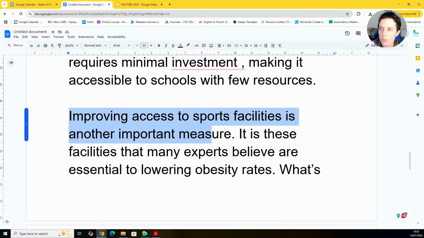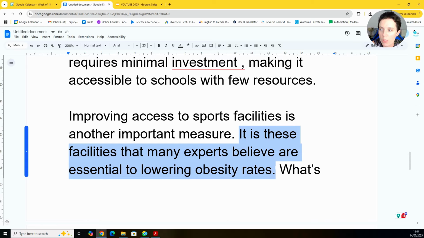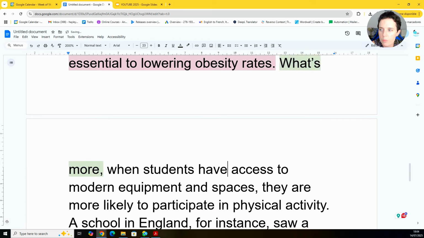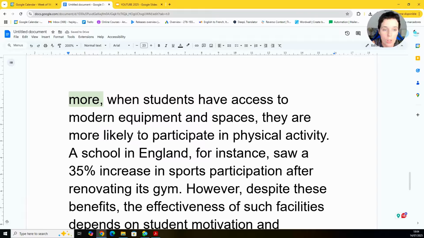Improving access to sports facilities is another important measure. It is these facilities that many experts believe are essential for lowering obesity rates. Okay, cleft sentence. What's more, linking word. When students have access to modern equipment and spaces, they are more likely to participate in physical activity.